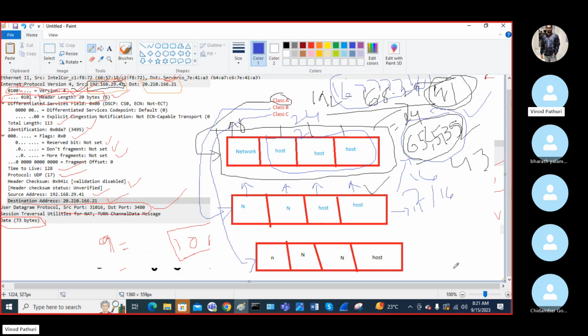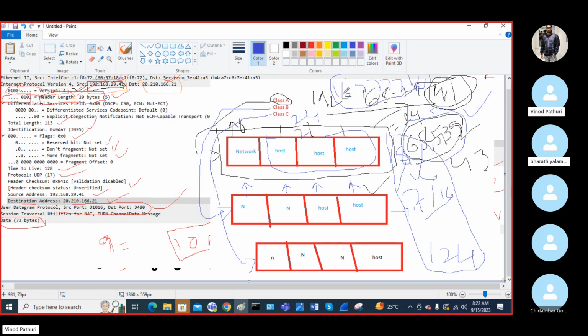And what is it in class C? 24. In class A it is 8. So that's how you represent which class it is. If you want to represent a class C address, you will write it as slash 24. For class B, slash 16. And for class A, slash 8.